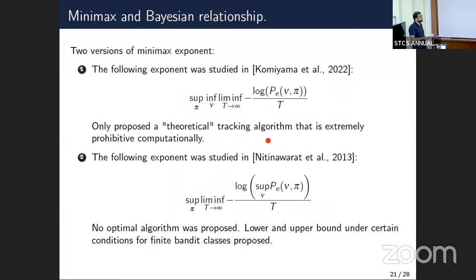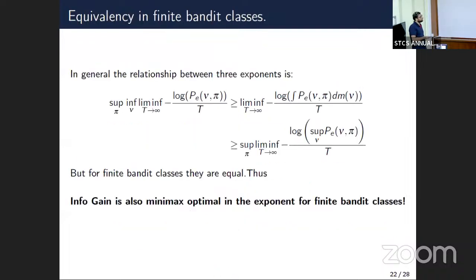They proposed only a theoretical tracking algorithm that was extremely prohibitive computationally, and they were then forced to approximate this tracking using a neural network. So they didn't propose anything fairly intuitive. The other setting was in information theory, where there was literature on controlled sensing for hypothesis testing, where they studied the opposite: you take the maximum worst-case probability of error for each horizon and then study its exponent. So generally, the minimax exponent upper bounds the Bayesian error exponent.